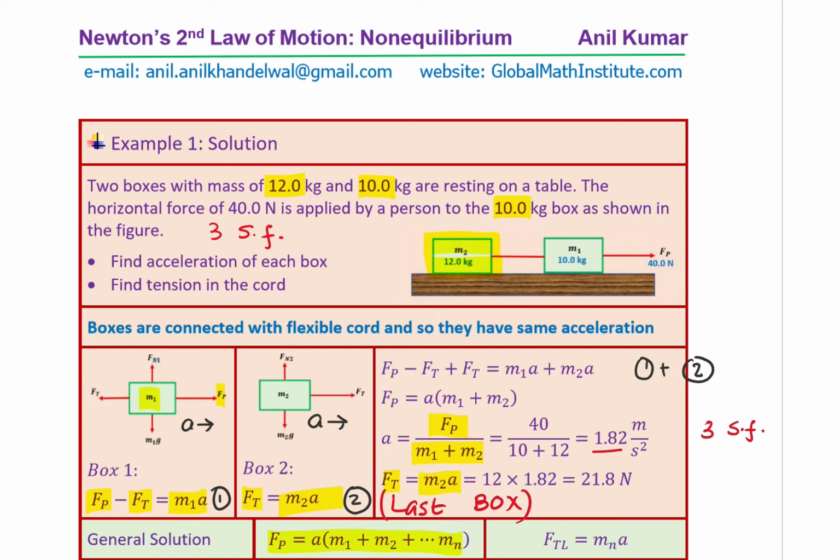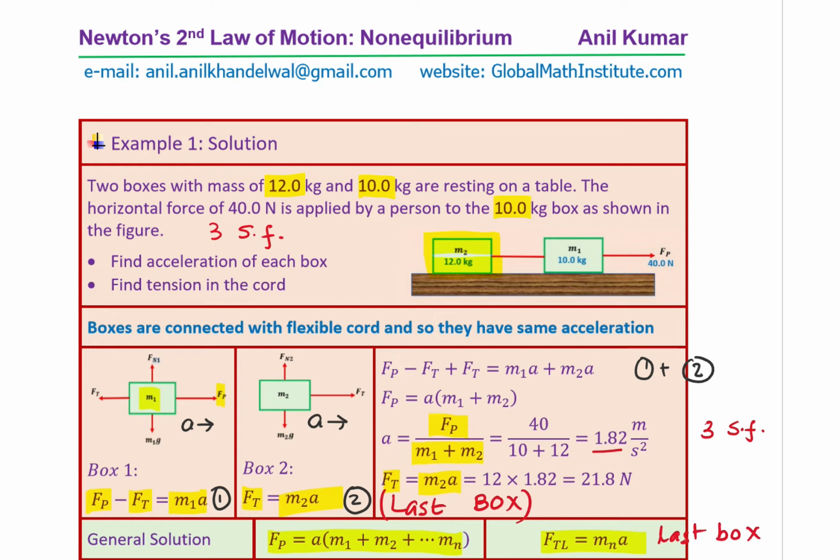Perfect. So once you multiply 12 by 1.82, which we just calculated, you get 21.8 newtons as your answer. So once again, this could be generalized. The last box will give you the tension as Mn a, and if there are n boxes, then the last box is Mn, right?